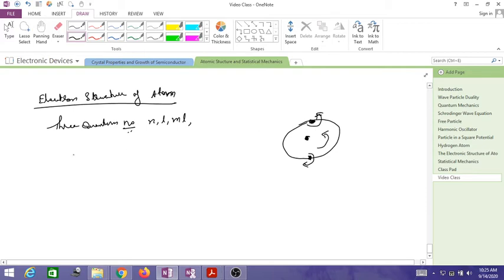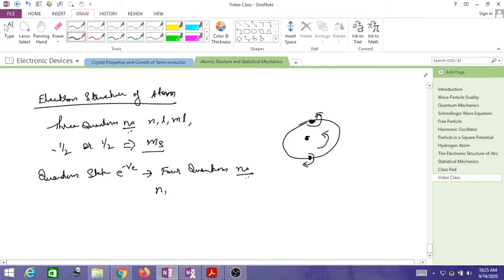That is represented with the value of minus half or plus half, by another quantum variable represented as ms. So to represent the quantum state of any electron, we use four quantum numbers: n, l, ml, and the new term ms.